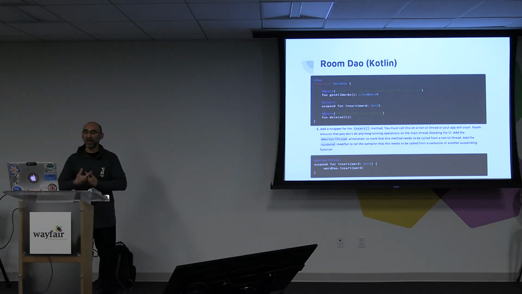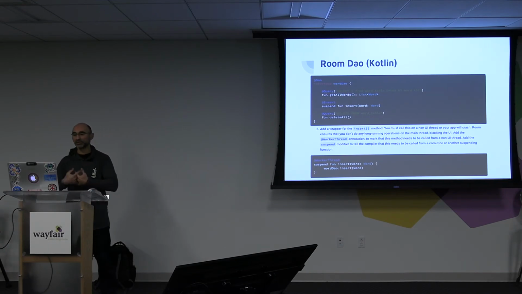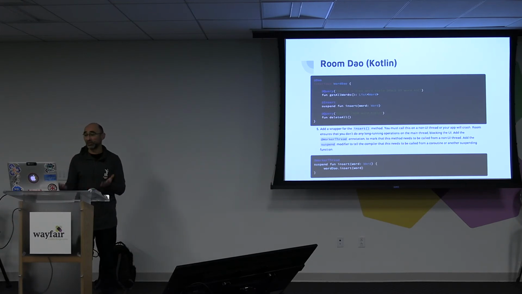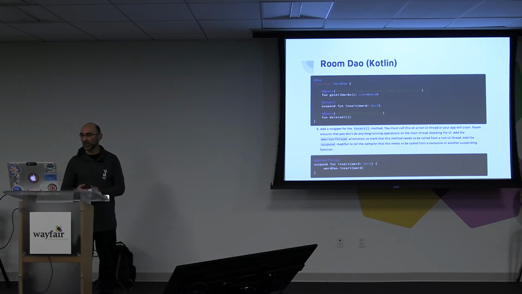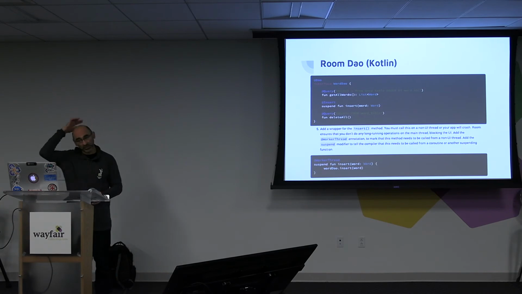So again, we're able to think, program, and debug in a sequential way, but through compiler magic, this is going to run asynchronously. And one of the nice things is that when you put suspend on Room, it knows that we don't want to write this on the main UI thread, so when we say suspend insert word, it's done on a non-UI thread. It makes it much easier. And this is just one example of how Kotlin coroutines, and I'll talk about how Kotlin Flow, are used to make Android development much better.